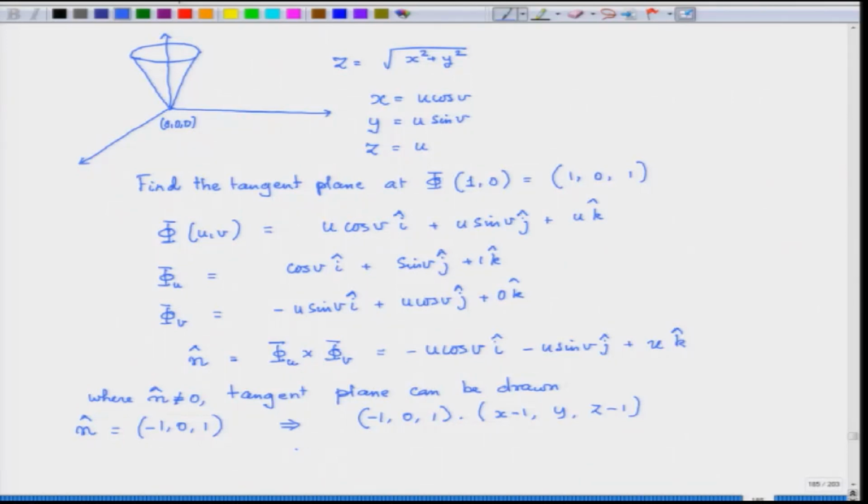So, ultimately it will come out to be minus x minus 1 plus 0 plus z minus 1 is equal to 0. So, this will finally give me the tangent plane z is equal to x, that is the tangent plane.